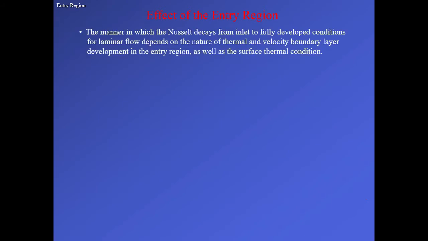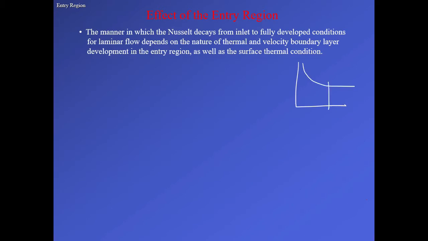Similarly for turbulent flow as well. All this discussion we have had till now was based on a fully developed flow regime, but of course we have the entry region in the beginning. As we discussed earlier, the heat transfer coefficient, or the Nusselt number, decays and then becomes constant.